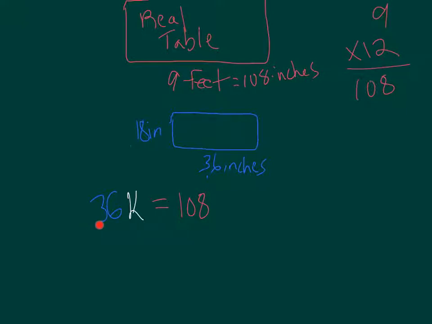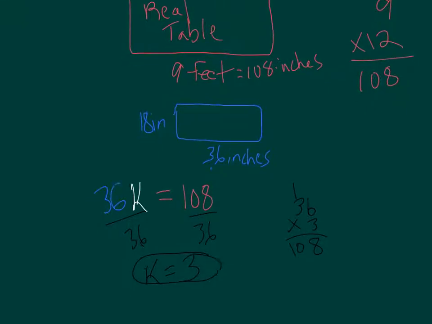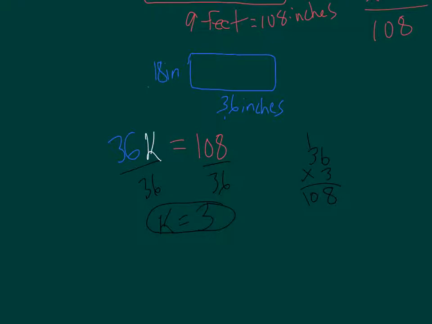Well, here's an equation, 36K equals 108, and to solve that, just divide both sides by 36, and you find that your scale factor, K, is 3. You can check that on a calculator if you had to, or you could just double check my work. 36 times 3, carry the 1, is 108. So we definitely have the correct scale factor right here. K equals 3. Alright, good luck on the rest of the assignment, and I'll see you in class.